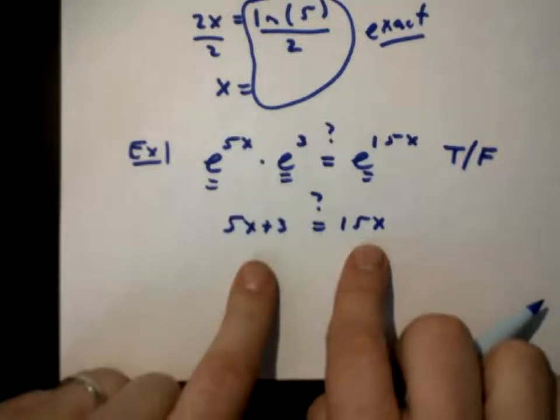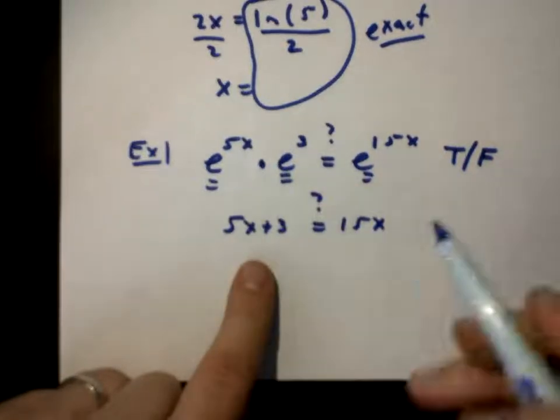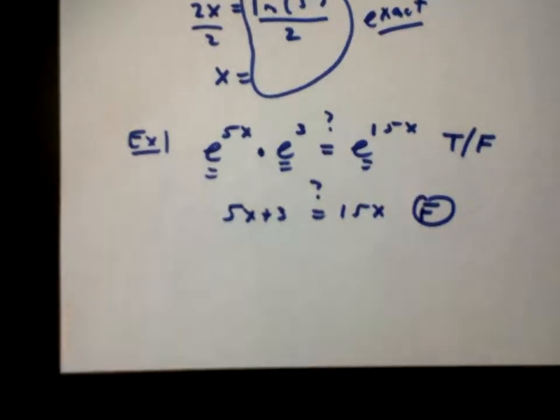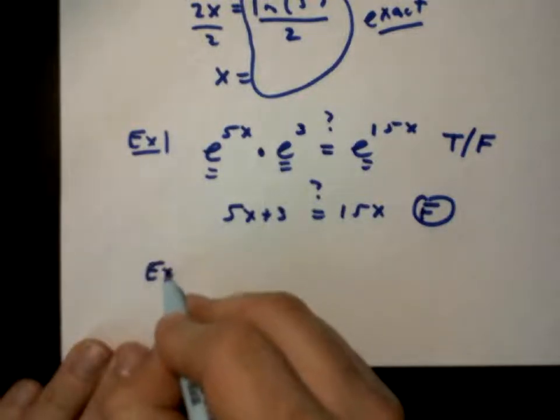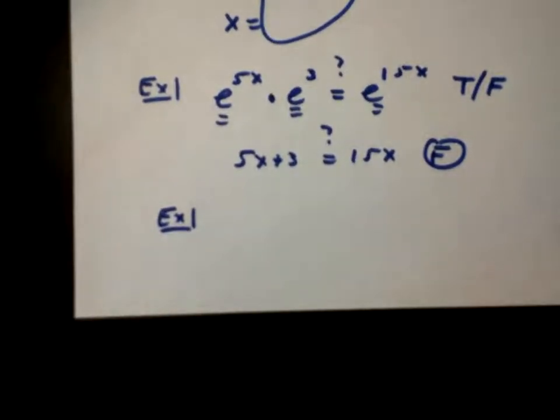This is not going to work because when we're multiplying, we're adding the exponents. So this is false. So just a FYI, or some kind of information. Just don't get confused on that. Don't forget your rules of exponents, by the way.